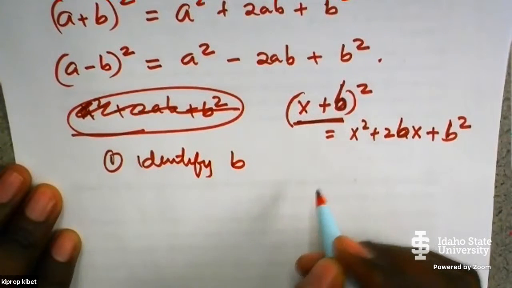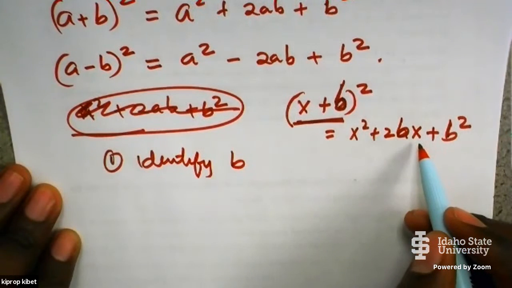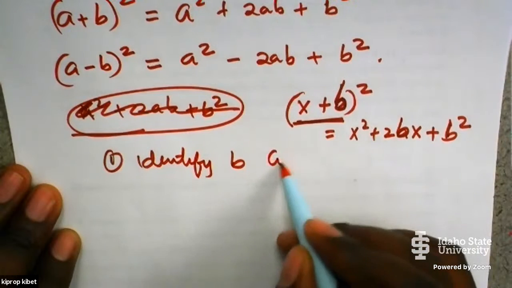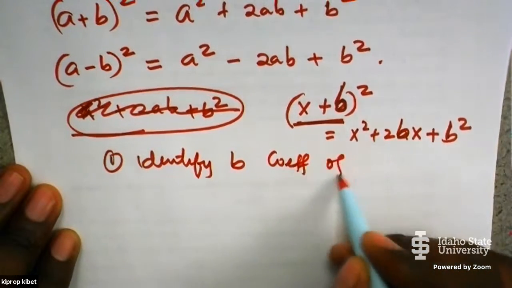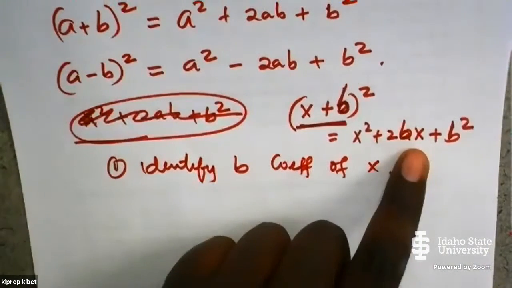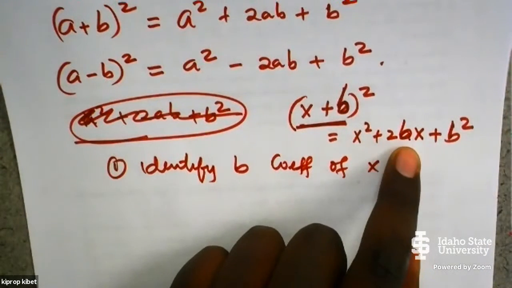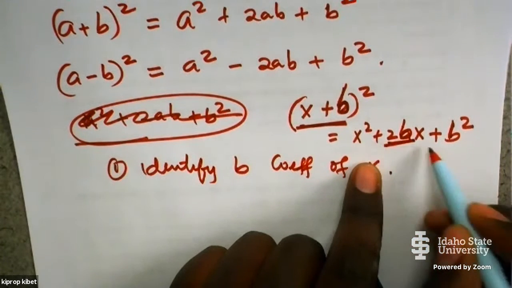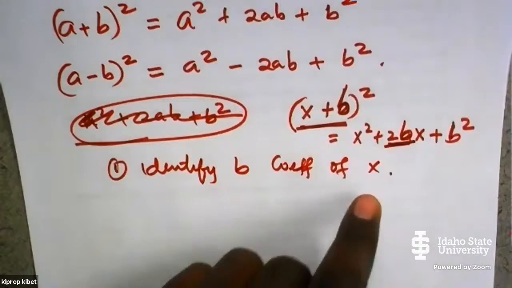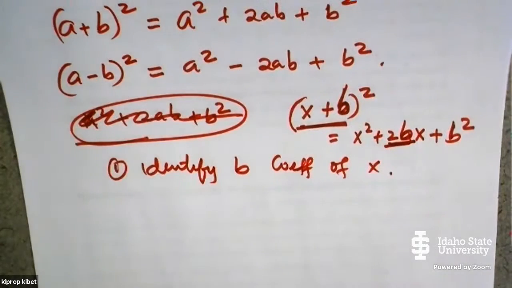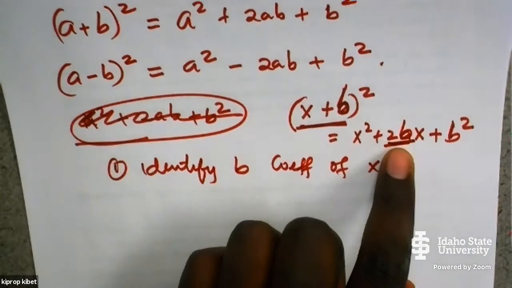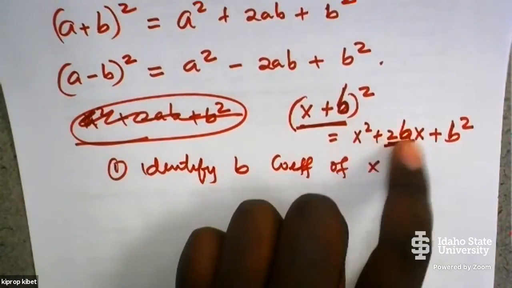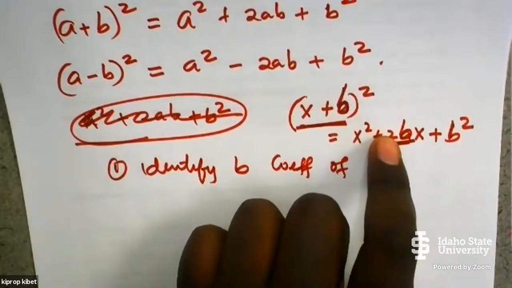This b comes from the coefficient of x. So you look for the value which is the coefficient of that x there.